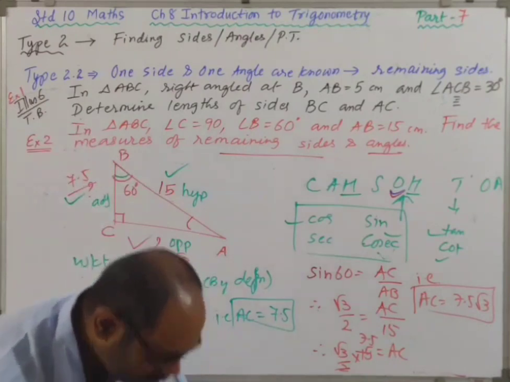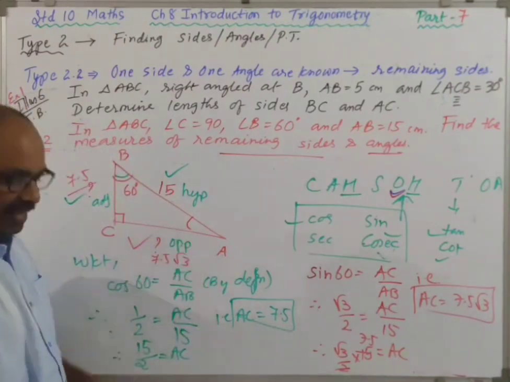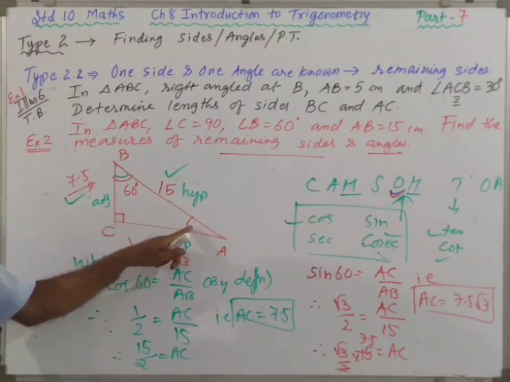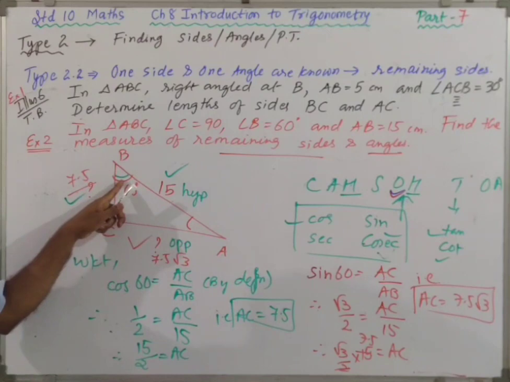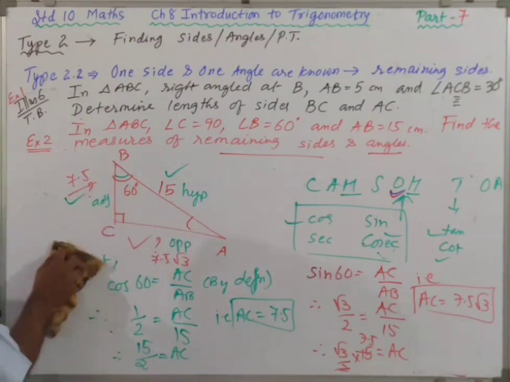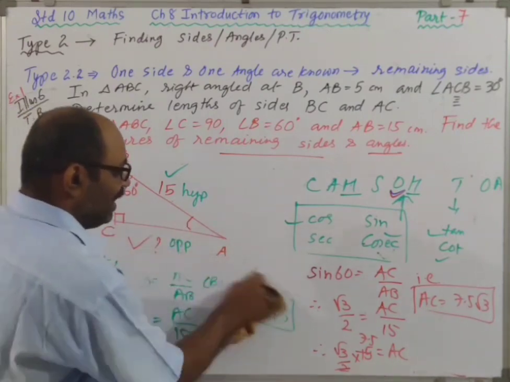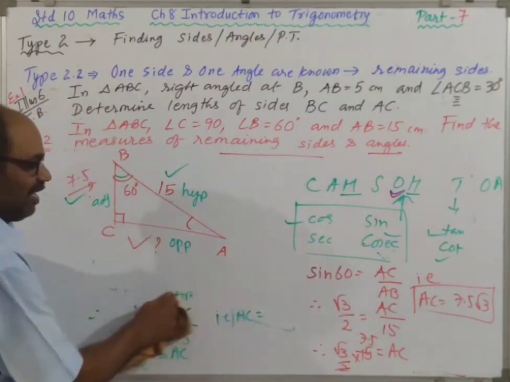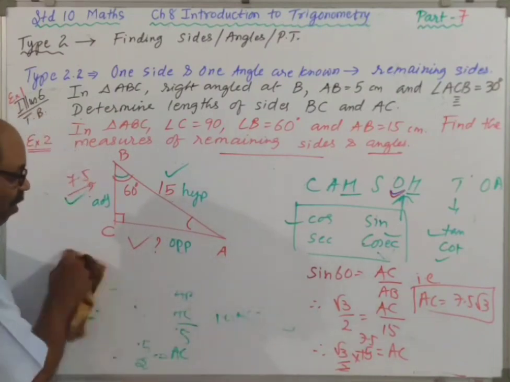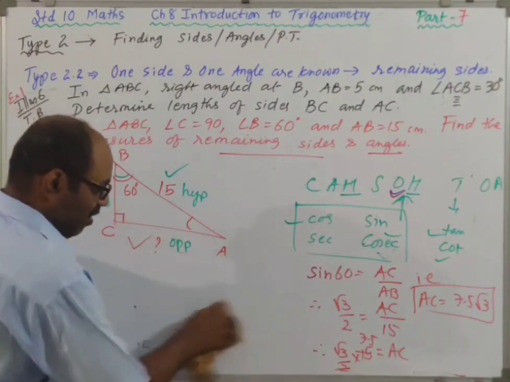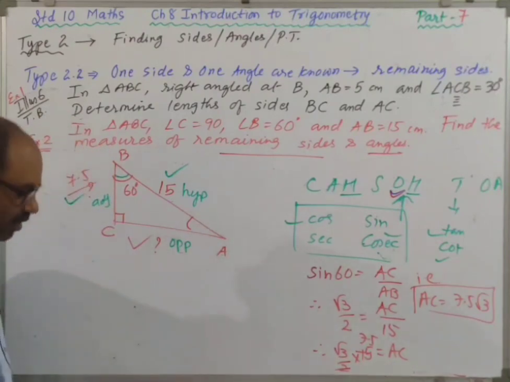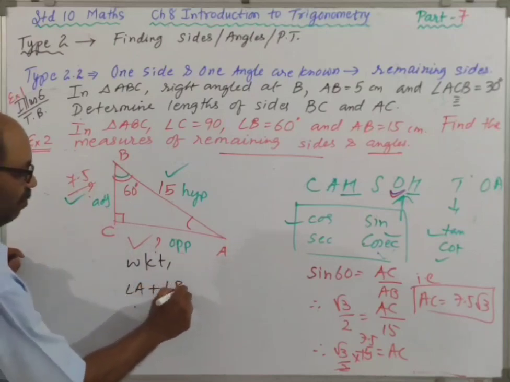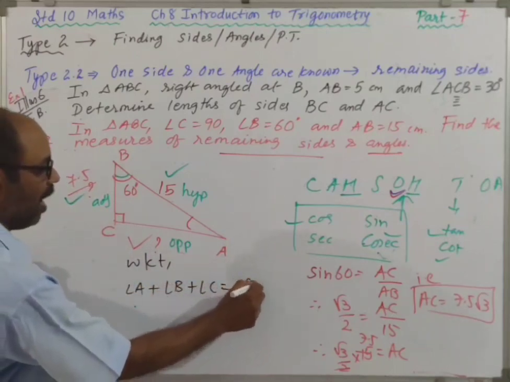Correct? Now, one more thing you are supposed to find, and that is the remaining angle. Angle C, you know the measure is 90. Angle B, you know the measure is 60. So the remaining angle is A, and that is what you have to find. How will you find? Yes, use the identity of triangle. And what is the identity of triangle? The sum of measures of all three angles of a triangle is 180. So we know that angle A plus angle B plus angle C is equal to 180.